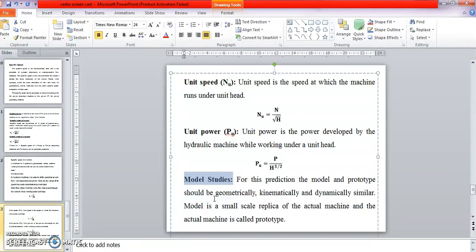Geometrically similar machines will have the ratio of geometrical lengths corresponding to model as well as prototype similar, whereas for kinematically similar machines we consider the velocity ratio, which must be equal, and dynamically similar machines will have the ratio of forces corresponding to model as well as prototype equal. So based on this, we have to define the model as well as prototype.